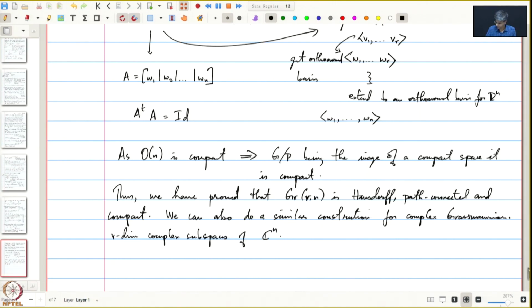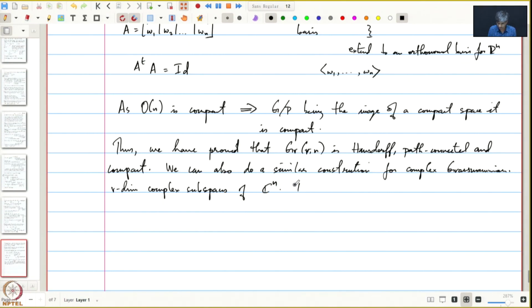In the same way we can show that this is Hausdorff, and in a similar way, path connected and compact.